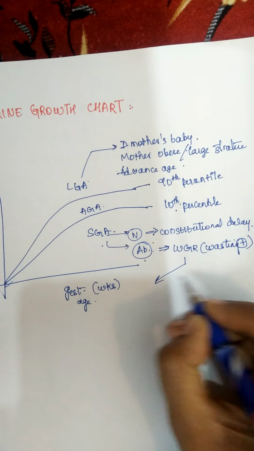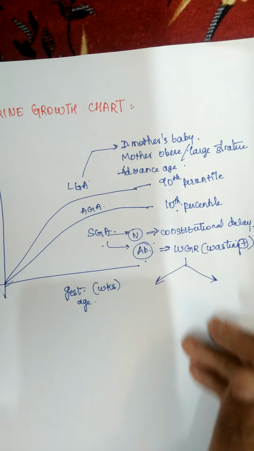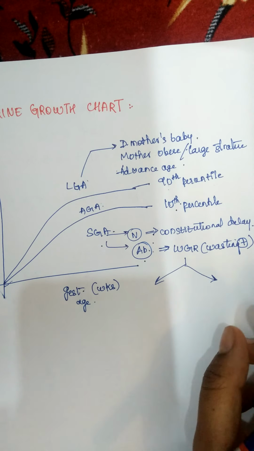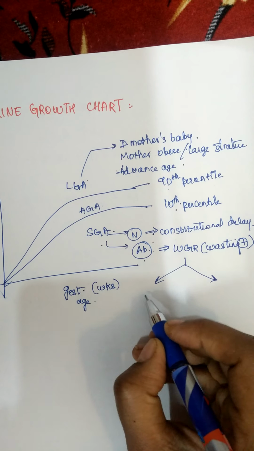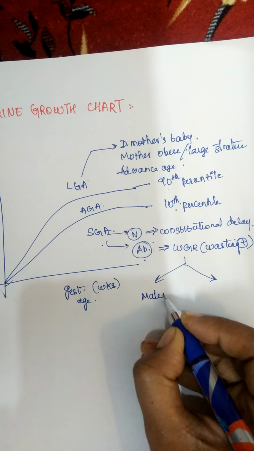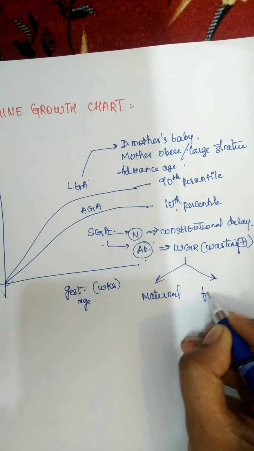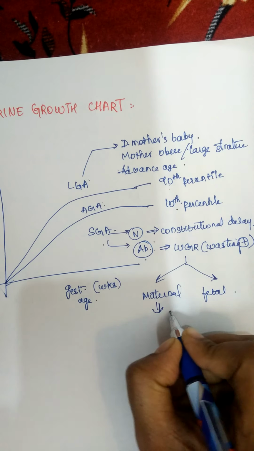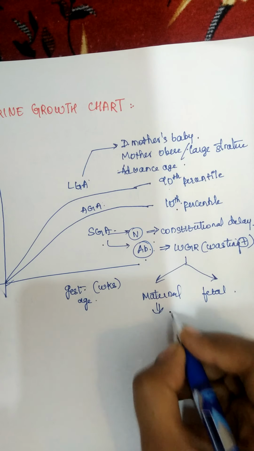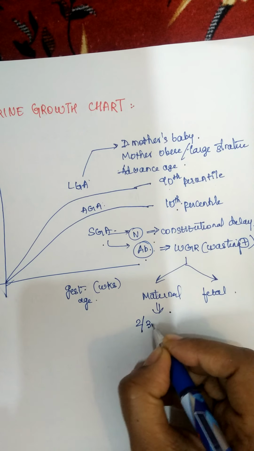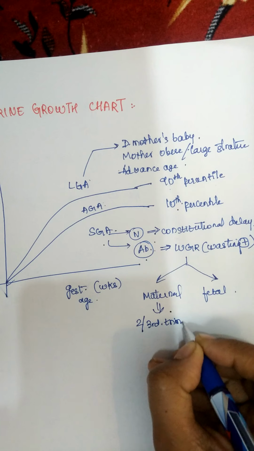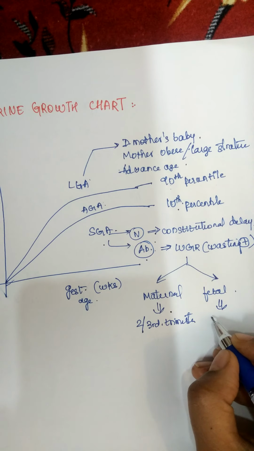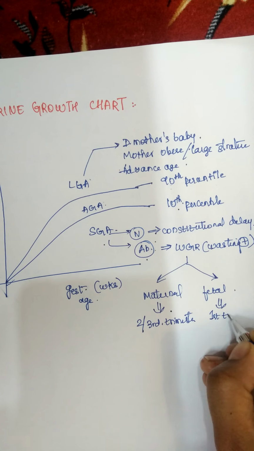And IUGR is the SGA in which the baby will be of smaller size, and it can be due to two reasons, that is maternal and fetal. When it is due to maternal causes, the growth is restricted in the second and third trimester. When IUGR is due to fetal causes, it is restricted right from the first trimester.